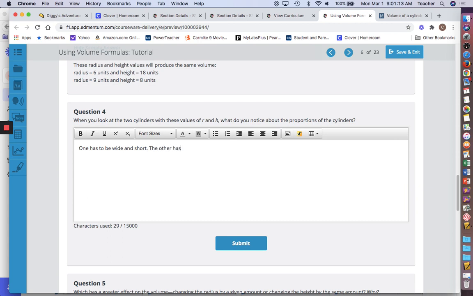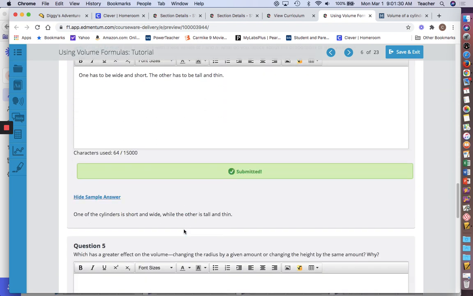The other has to be not wide, but thinner, skinnier, tall and thin. So wide and short, tall and thin. They had to be opposites of each other. All right, so there you go.